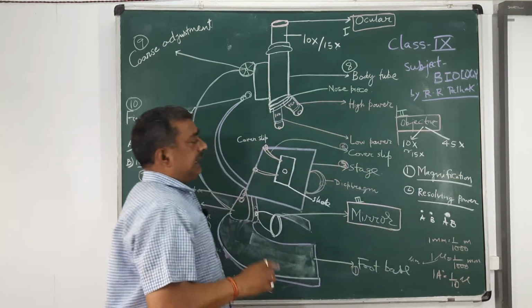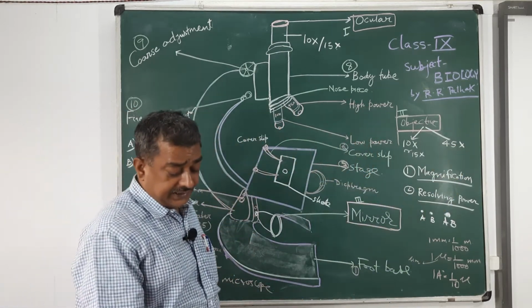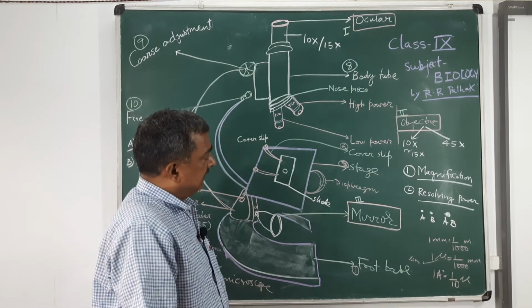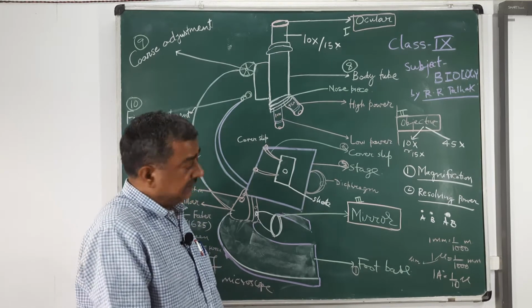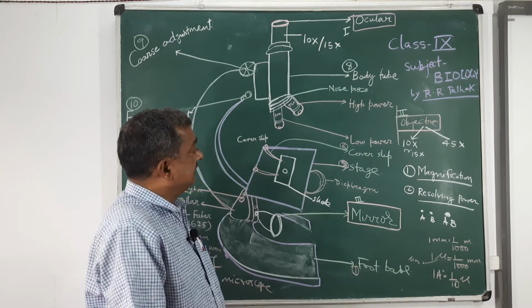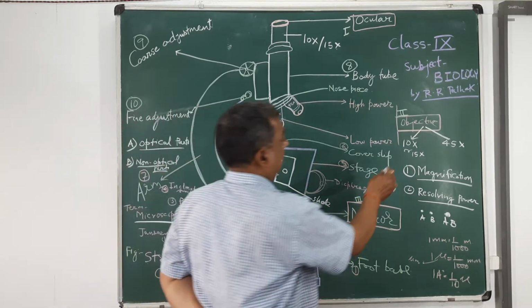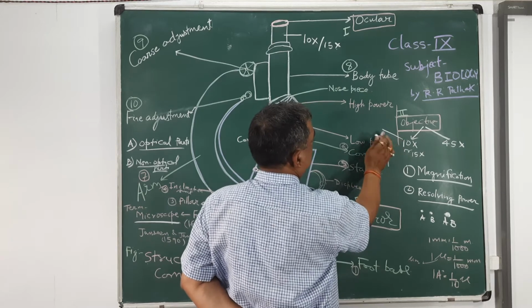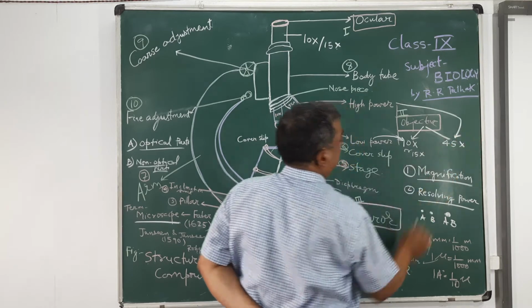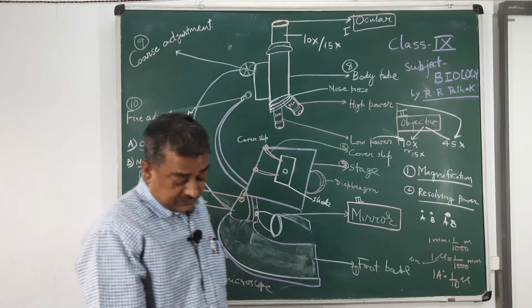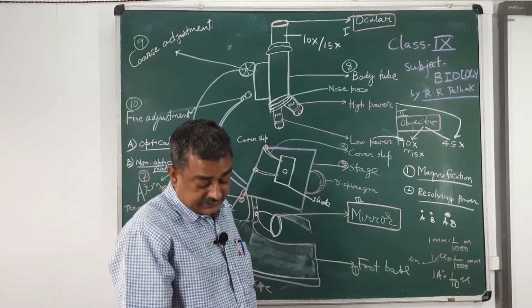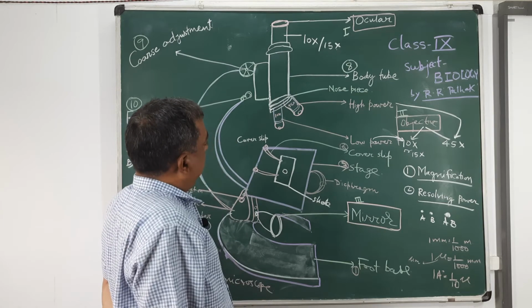There are two objectives in a compound microscope generally, but more sockets are given on the nose piece. Low power magnification is 10x or 15x, but high power magnification is 45x. The body carrying the high power objective is longer than that carrying the low power objective.